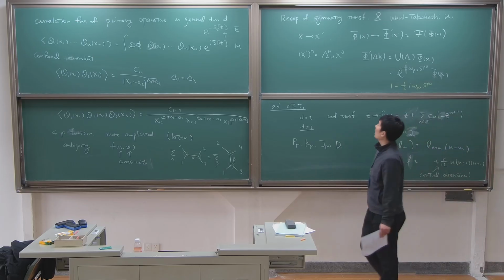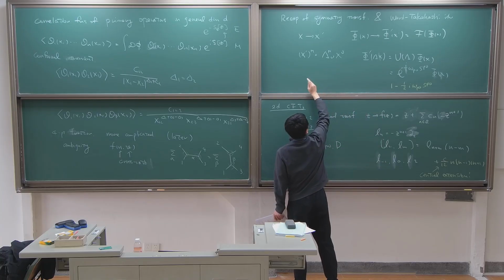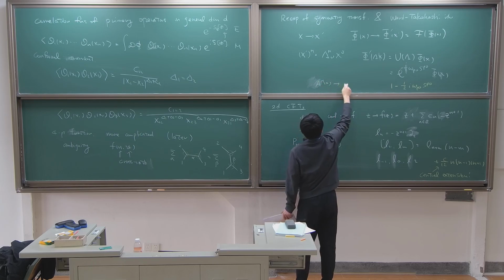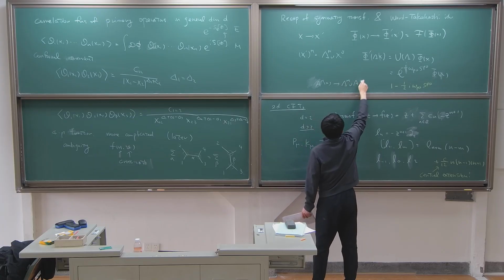As I mentioned, if phi is a vector field, like A mu of x, the rotation will become something like lambda mu nu A nu of x.